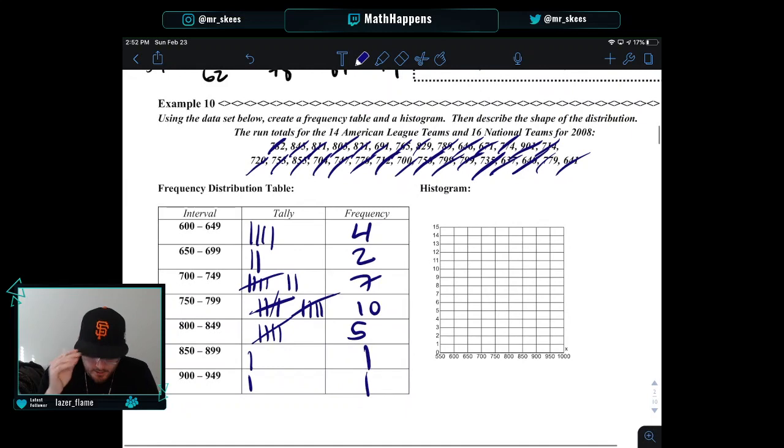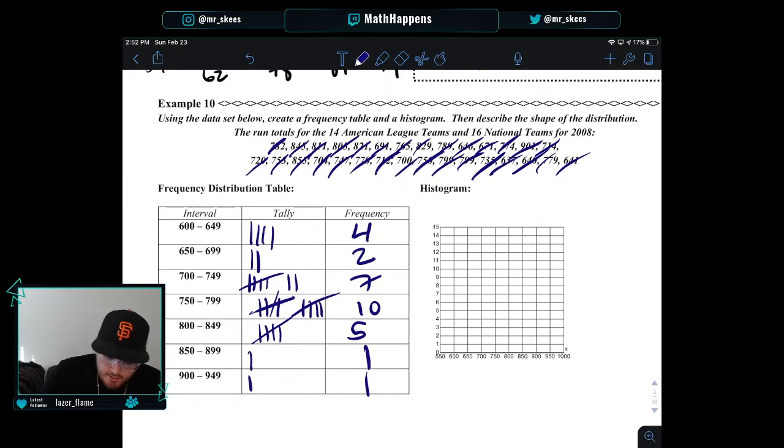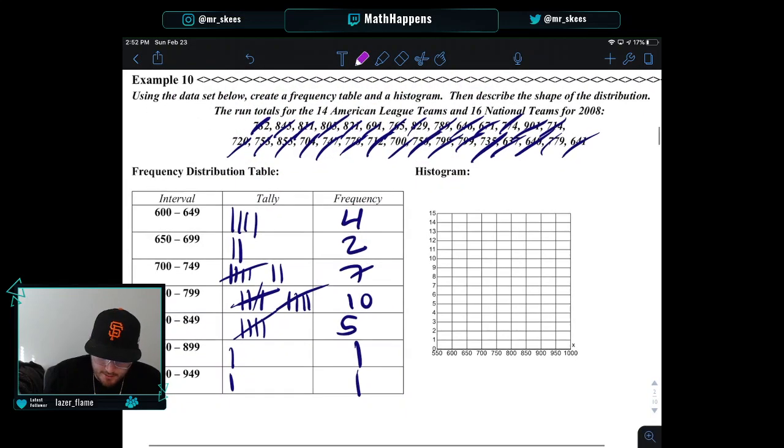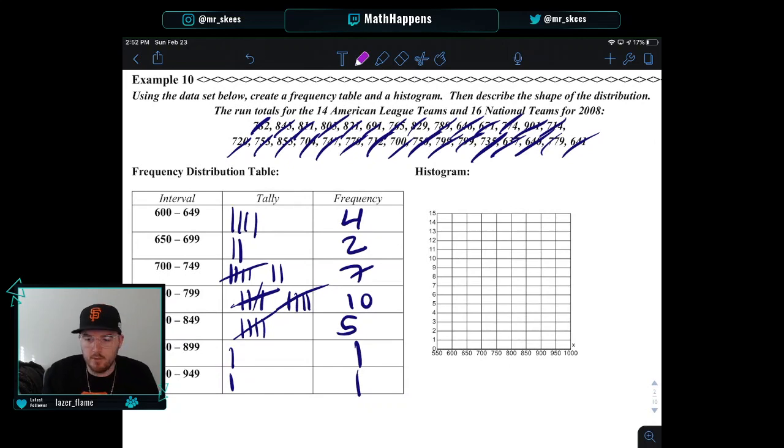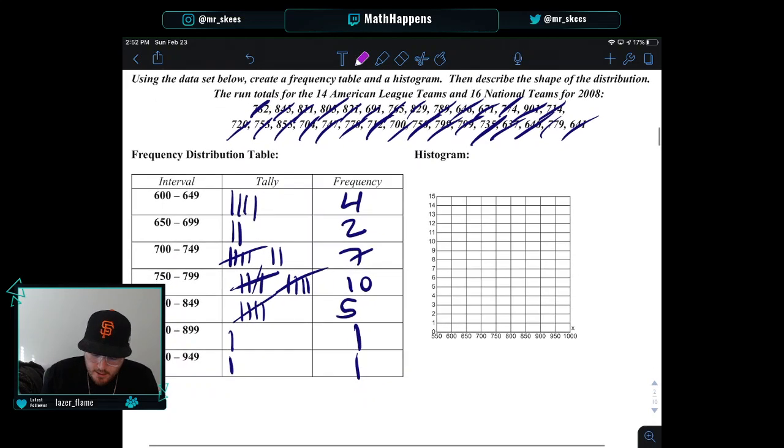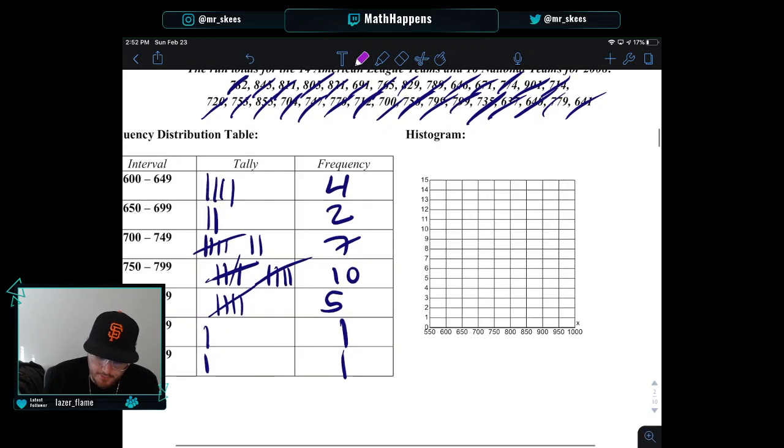Okay. So the way a histogram works is it's sort of like a bar graph, like I said, but how much data falls between 550 and 600? None of it. How much data falls between 600 and 650? 4 different times there was a data point between 600 and 650. How many data points were between 650 and 699? 2.